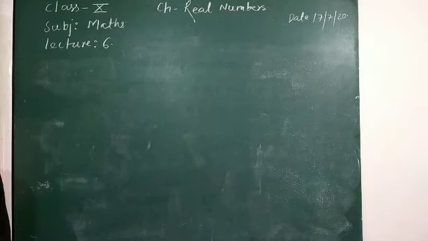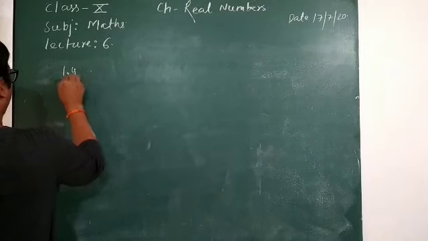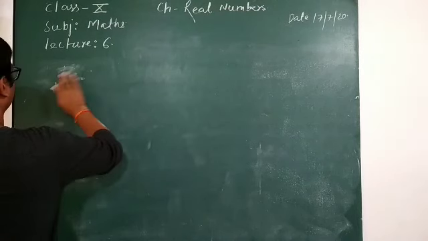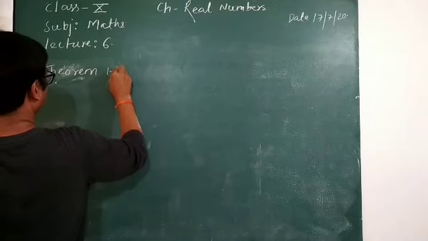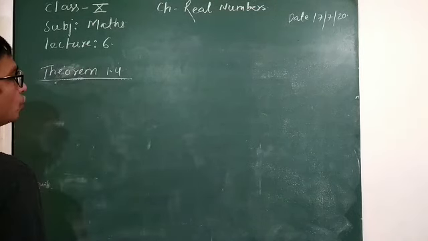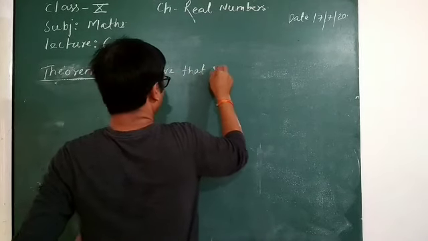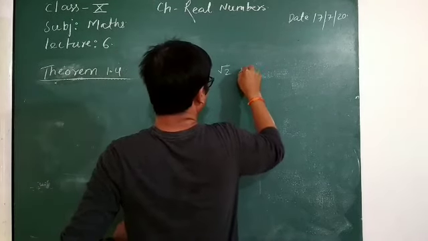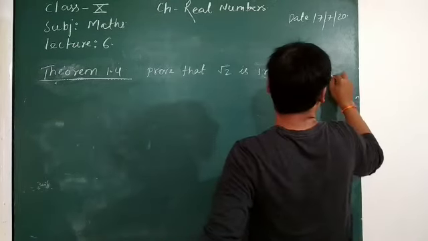It is given that prove that root 2 is an irrational number.